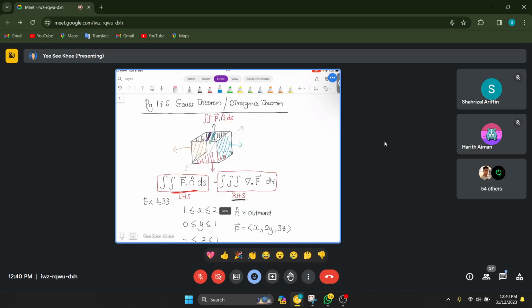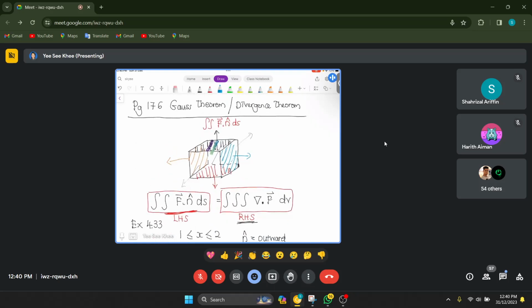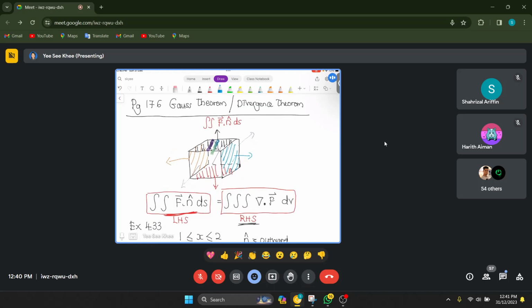Then we move on to the Gauss theorem. Gauss theorem is like a simplification of the surface integral, to find the flux coming out from a solid. This is especially useful if you have a solid that has many surfaces, because you just need to perform the calculation once.